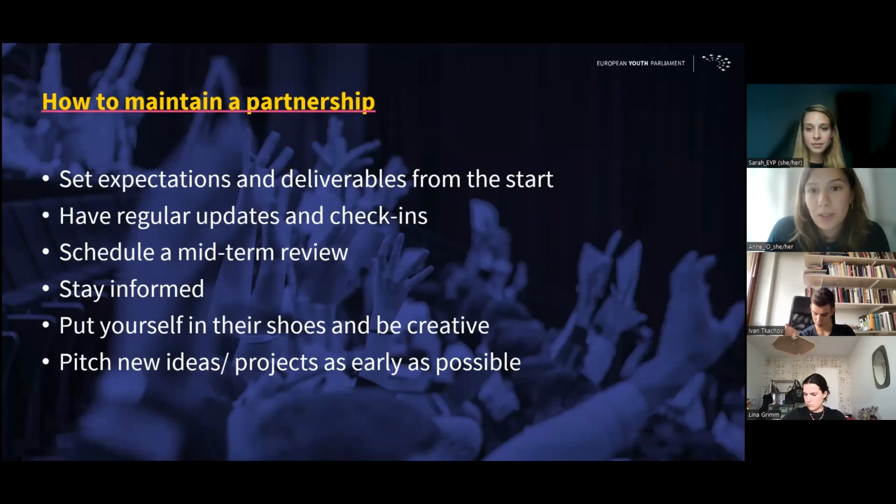But if you already have a good idea, you could also pitch it and see if it generates interest on their behalf, and then slightly adjust it if it doesn't, and then you can raise the topic again at the end of the partnership. So these were just some general tips and tricks on how to maintain and close a partnership. Sometimes it's also very subjective.